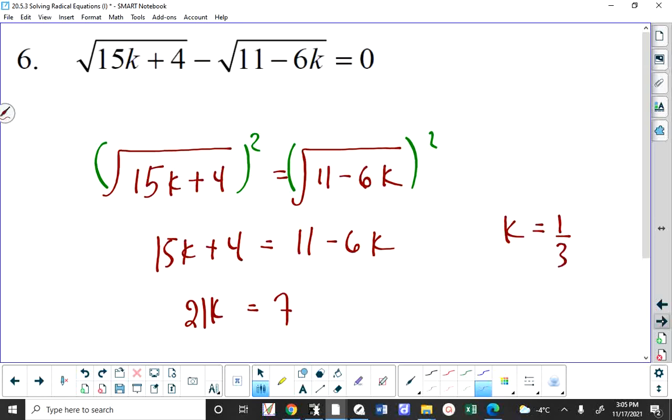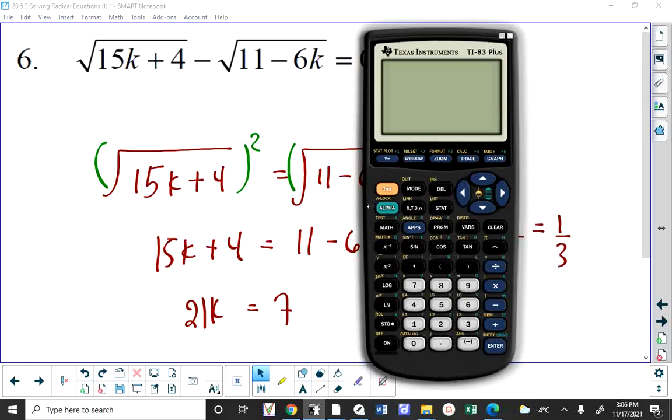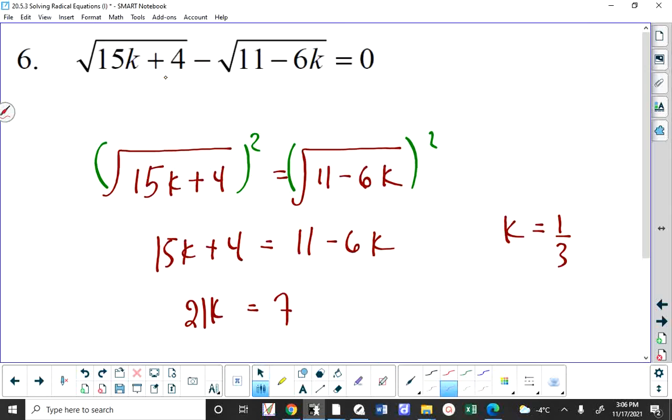Does a third work? Well, I'm just going to do this on my calculator. Remember, we have to go to the original equation. So I'm going to figure out what 15 times a third plus 4 is. That's 9. So this is root 9 when I check it with k equals a third.